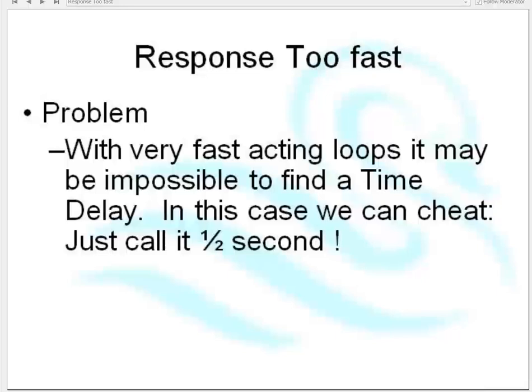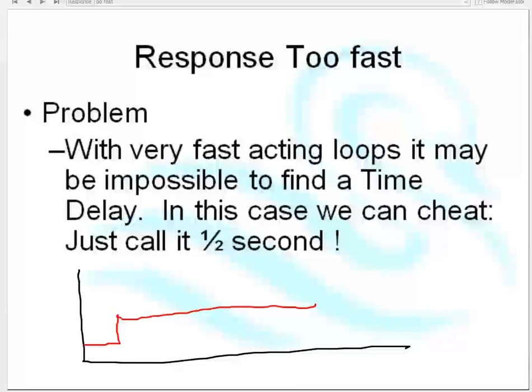There can be lots of problems with the open loop bump method, especially if we have a very fast loop. If I bump the valve and the flow just goes dunk like that, I can't get anything off the graph, because to all intents and purposes the flow immediately changed. If that happens, well, you cheat. You just say, okay, fine, it all happened too quickly.